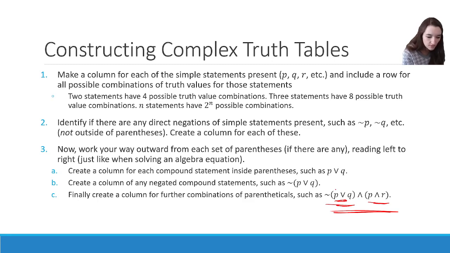So the first columns would be the P, the Q, and the R. Those would each get their own columns. Then in order, it'd be 1, 2, 3, and 4, the whole thing.